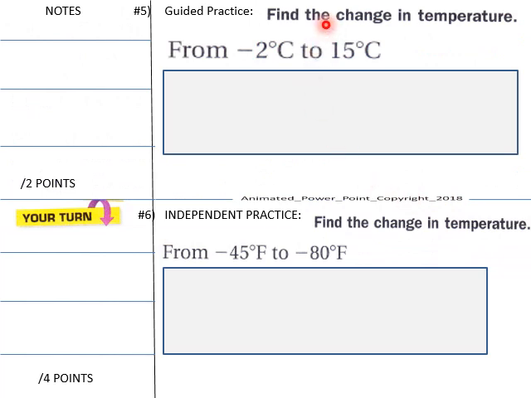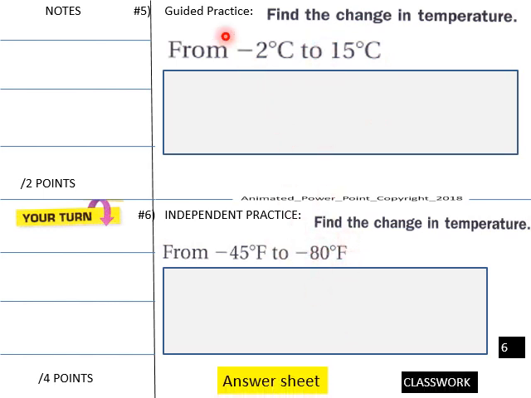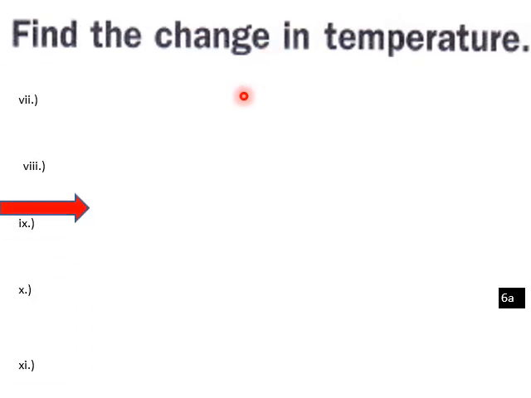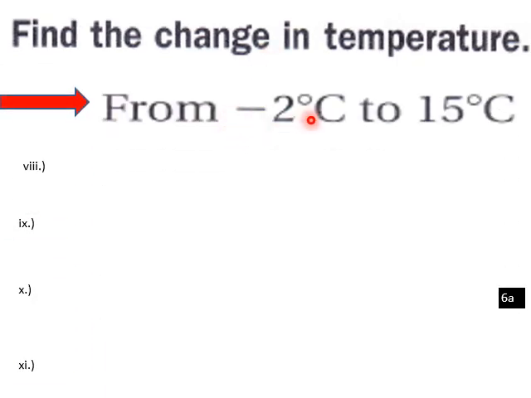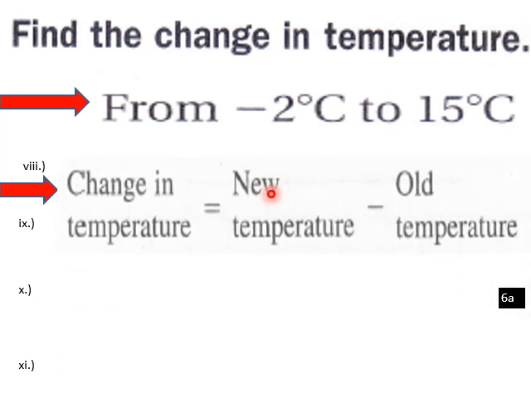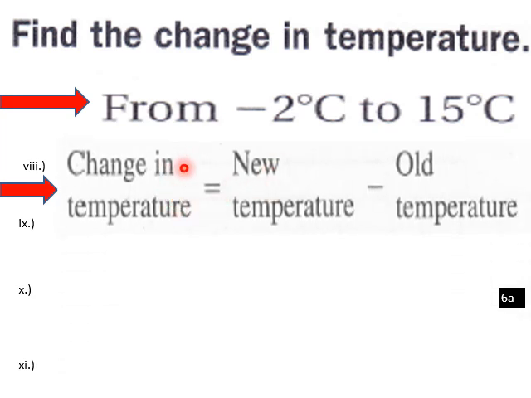Let's try one here. Find a change in temperature. In our guided up here, we have from negative 2 degrees Celsius to 15 degrees Celsius. So what's our change there? You have something like that down here too, students. Our change is going to be new temp minus the old temp.